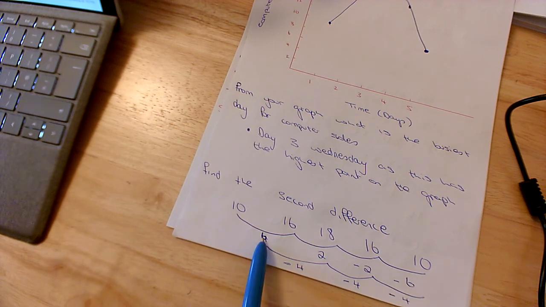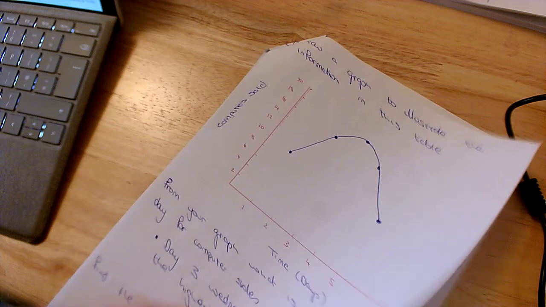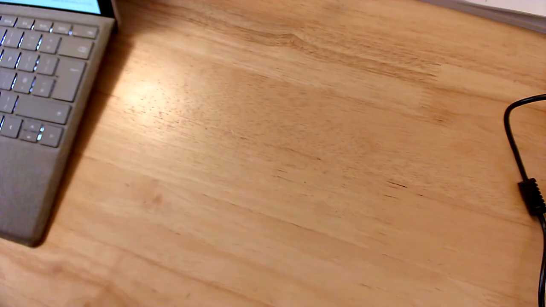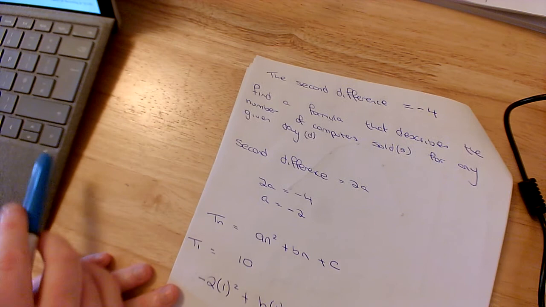The difference between 6 to 2, I'm going down 4. The difference between 2 to minus 2, I'm going down 4 again. And minus 2 to minus 6, I'm going down 4 again. So my second difference in this particular case is minus 4. We know it's quadratic because the second difference is the same.